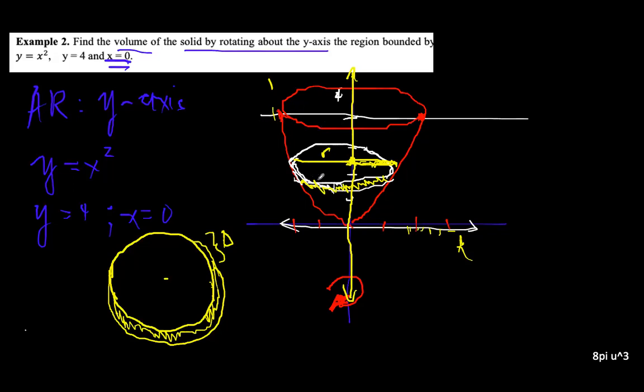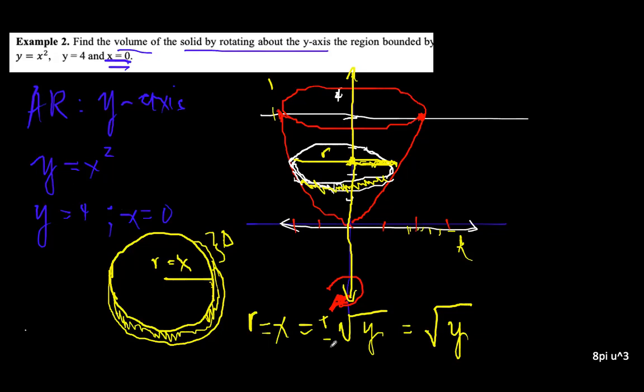May minus na yan. Okay, so this is our r is equal to x. R is equal to x. Diba? And kasi nasa horizontal siya. This is our radius. And x is equal to what? X is equal to the square root of y. It should be positive or negative, but we're going to deal with the positive value of y.